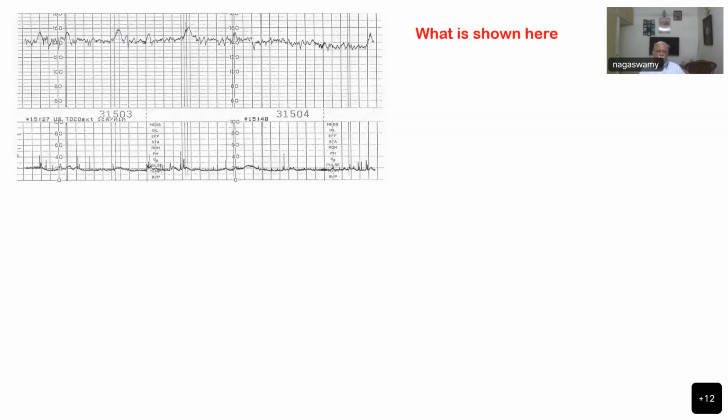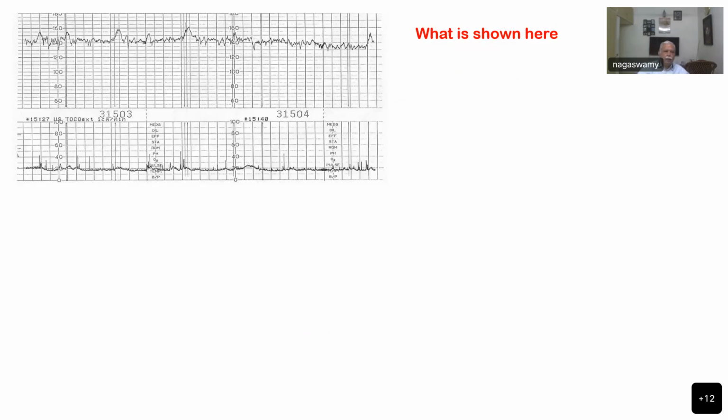What is shown here? Please go through the numbers, the waveforms, and the text which is written, everything. If you go through it, you can find out. Neuromonitoring.